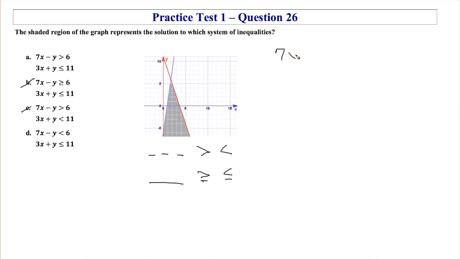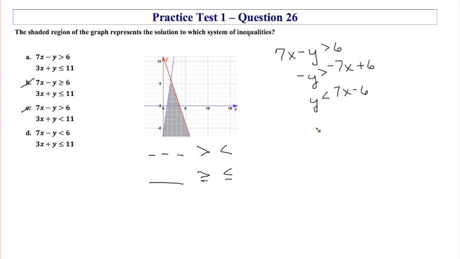Let's take the first inequality in answer choice A and solve for y. Subtracting a 7x from both sides, we get negative y is greater than negative 7x plus 6. Dividing both sides by a negative 1, switching our signs because we divided by a negative, we get y is less than 7x minus 6.